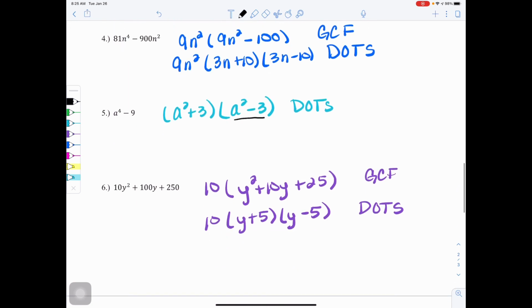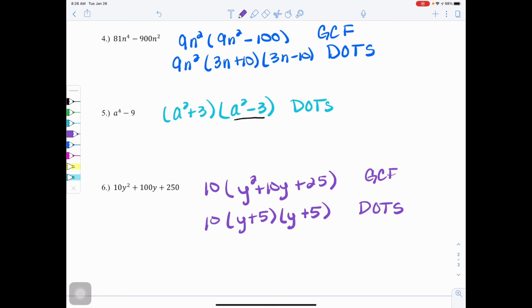And then lastly, number 6, you're going to factor out a GCF of 10. That leaves you with a trinomial. Now, this trinomial was a perfect square trinomial, so this should be y plus 5 and y plus 5.